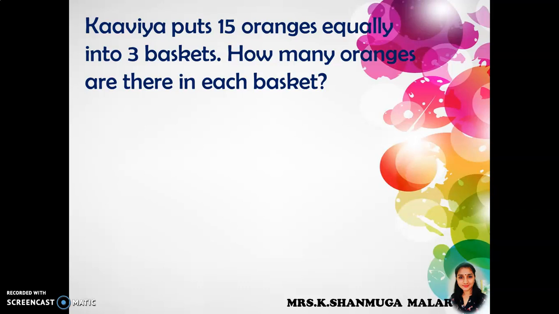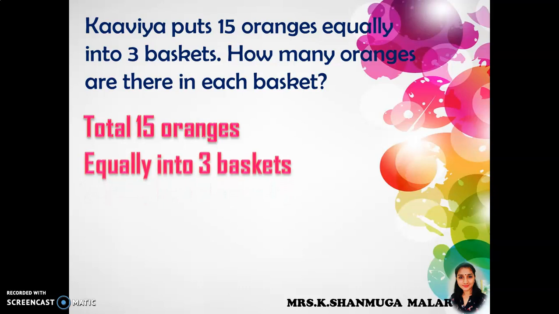So here the total oranges that Kavya has is 15. So this is the first important point. Next important point is equally into 3 baskets. Equally means everybody will get the same amount of oranges.